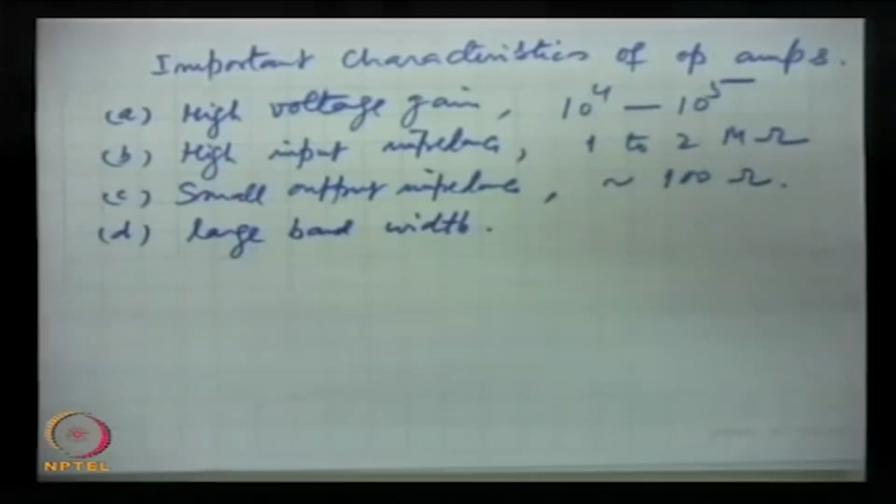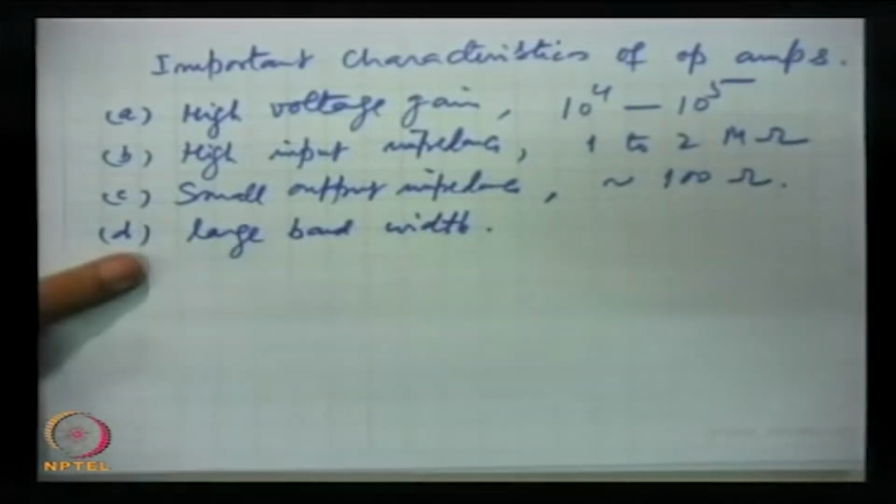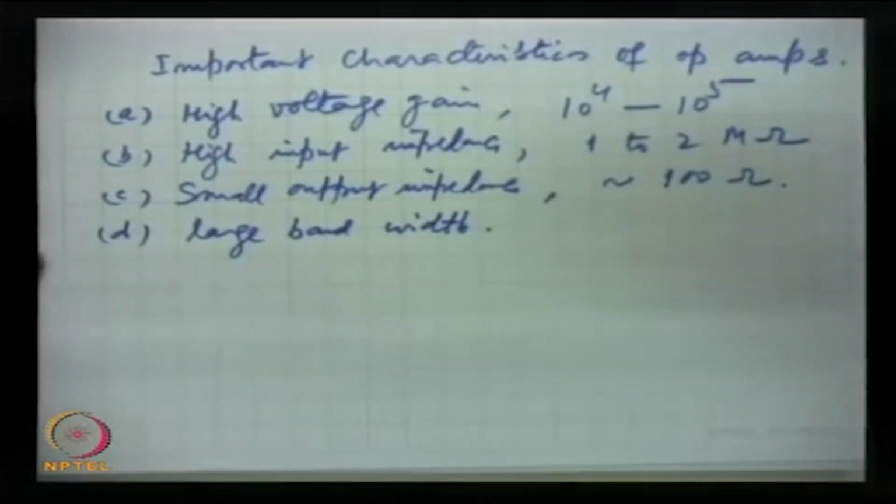Practically we will see that in open loop without feedback the bandwidth is very small because gain is very high, 10 to power 5.